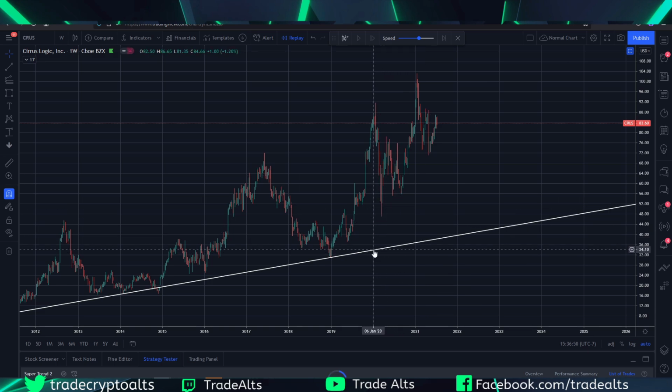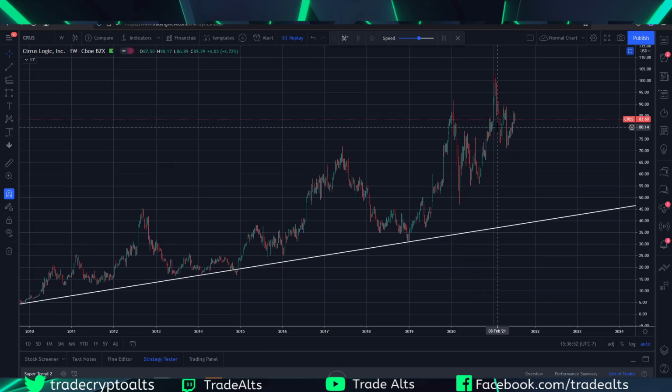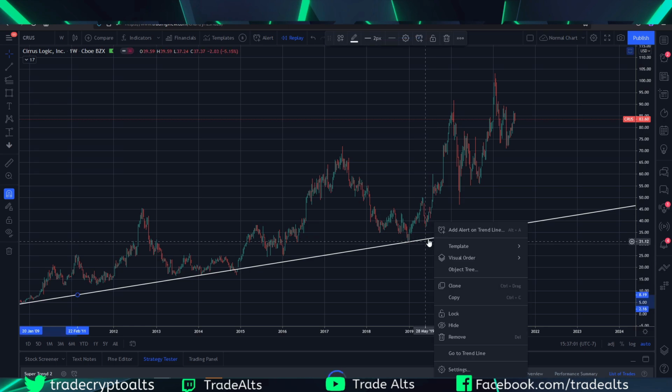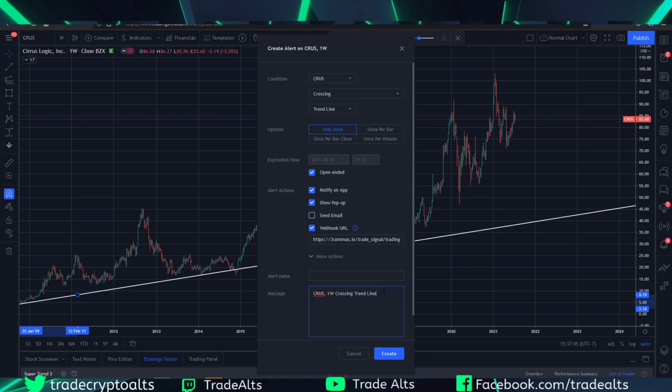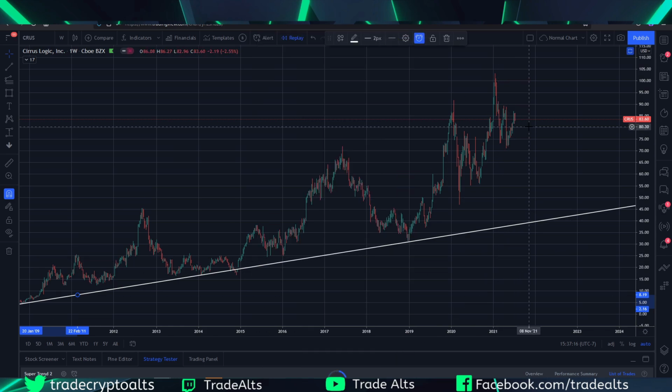You can set an alert here if you want. If you want to be notified in the future if this trend line is hit, which I would suggest doing, you can right click it, add alert on trend line, and then type in something like major trend line support. Assuming you have the premium TradingView, unfortunately, the rest of them run out after 2 months.